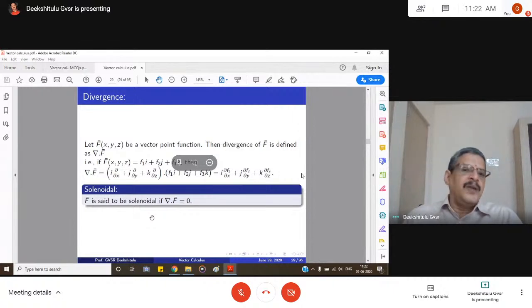If f bar of x, y, z is a vector point function, then the divergence of f bar is defined by del dot f bar. So if f is f1 i plus f2 j plus f3 k, then del dot f is (i dou by dou x plus j dou by dou y plus k dou by dou z) dot (f1 i plus f2 j plus f3 k).